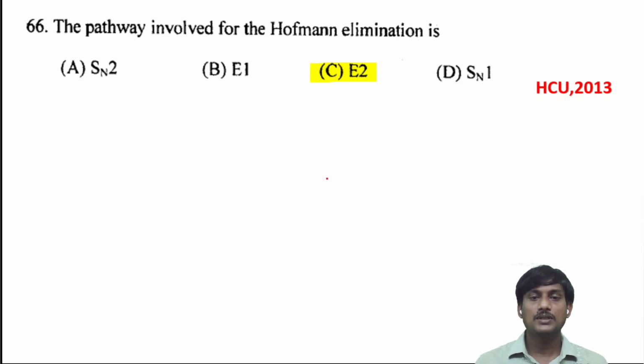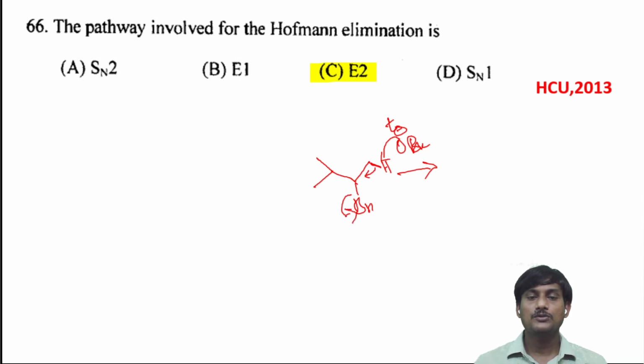Suppose we take this one, and when you treat with bulky base, tertiary butoxide, this one abstracts proton from this hydrogen, not from this hydrogen, not from this carbon. There is abstraction of proton from this carbon, the low substituted carbon. First, there is abstraction of proton, and this bond moves like this, and there is a removal of bromine.